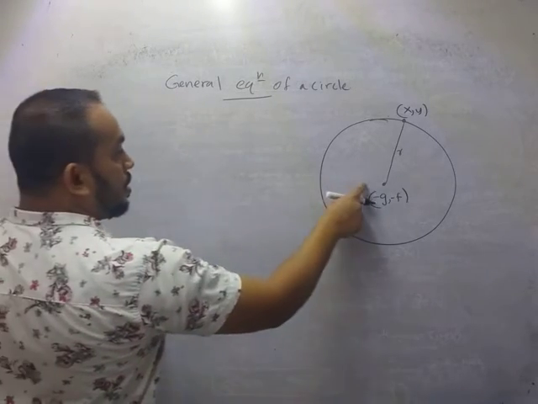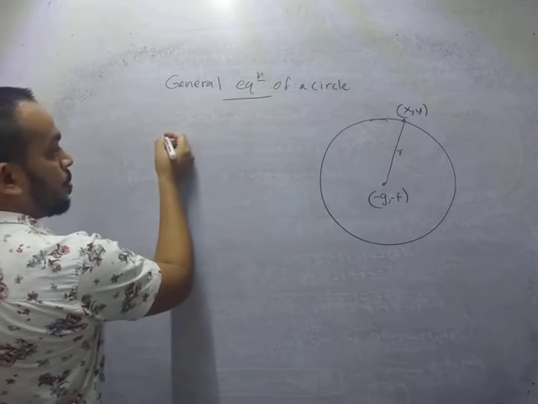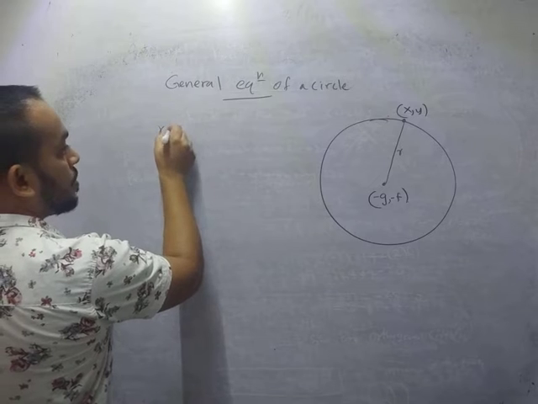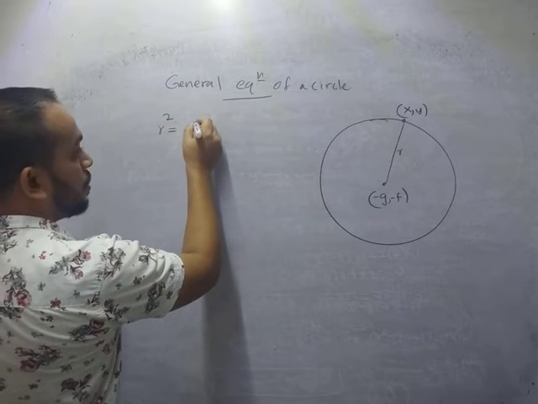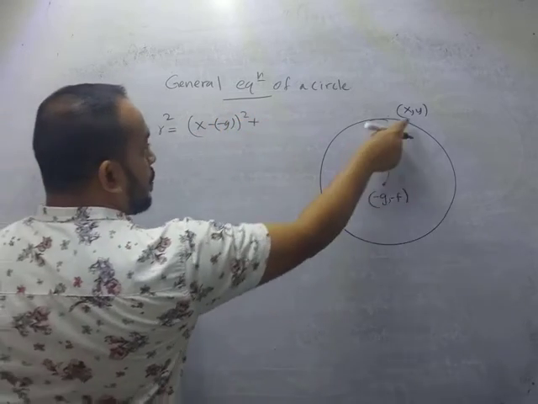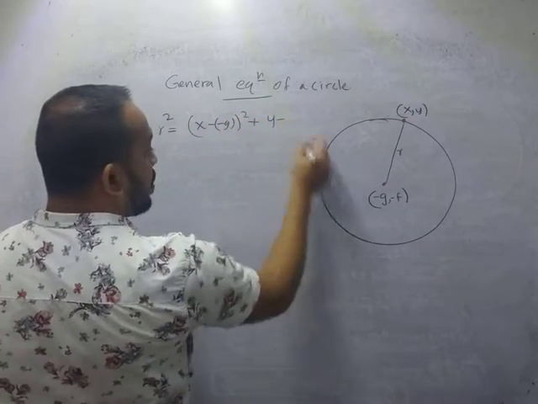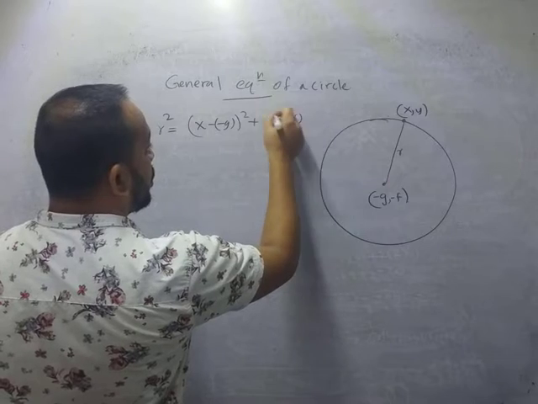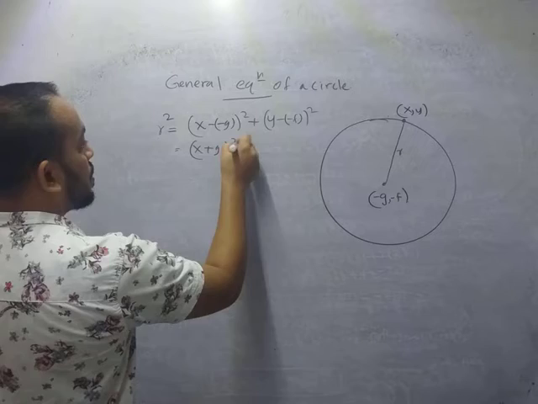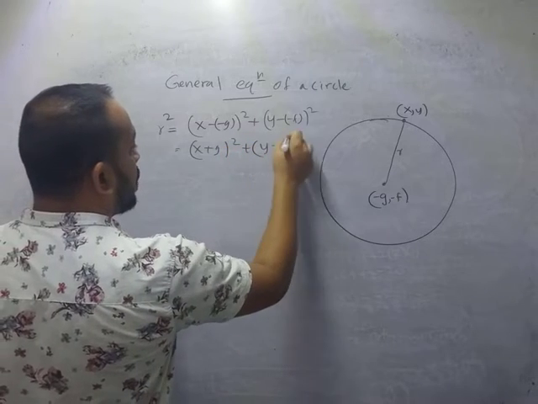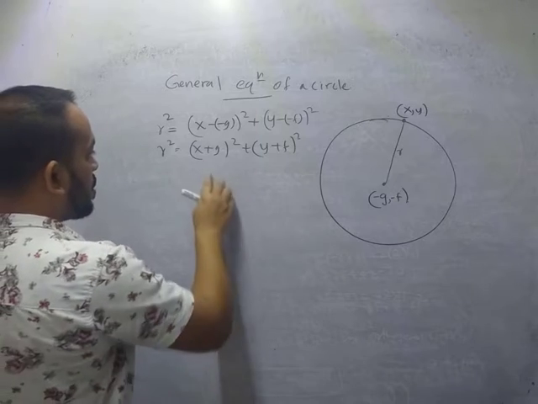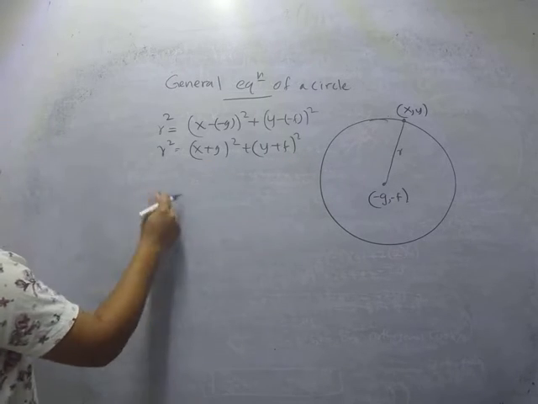So this is the center. The distance between the two must be equal to r, so r squared must be equal to (x minus (-g)) squared plus (y minus (-f)) squared. So (x plus g) squared plus (y plus f) squared equals r squared. Let me just expand this out and write it here.